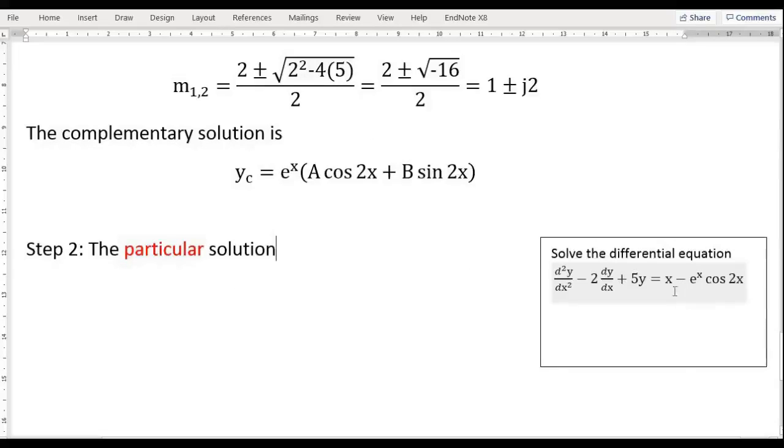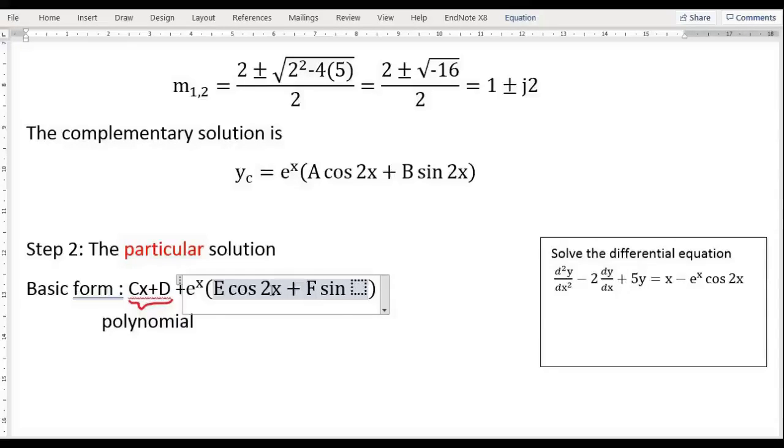The basic form comprises the polynomial, which is from x, so a constant times x, and we also have a combination of exponent and trigonometry, e^x with a constant times cosine 2x and a constant f times sine 2x.